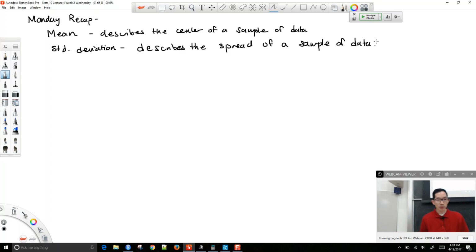And with this information, when we know the mean and we know the standard deviation, we can start to figure out whether an observation is unusual or not, if it's a quote normal or ordinary value, or if it's an unusual value. Okay, and this can be done via the use of z-scores.